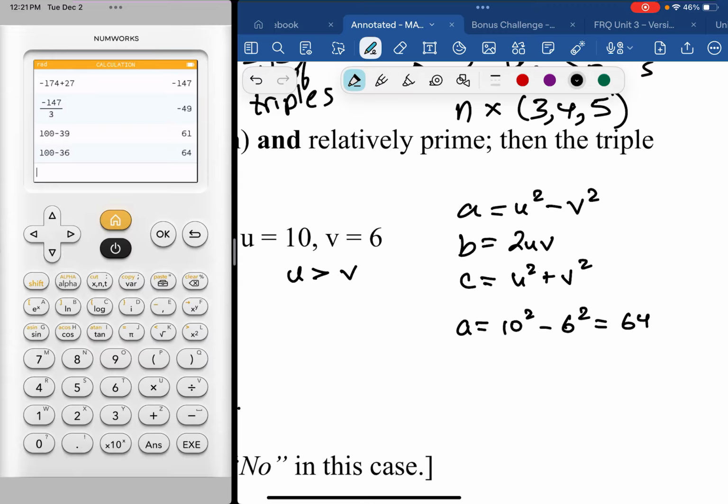There we go. The b value would be 2 times 10 times 6. That's going to be 120. And my c value would be 10 squared plus 6 squared, 100 plus 36, so 136.